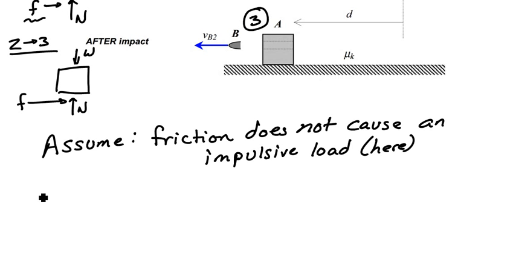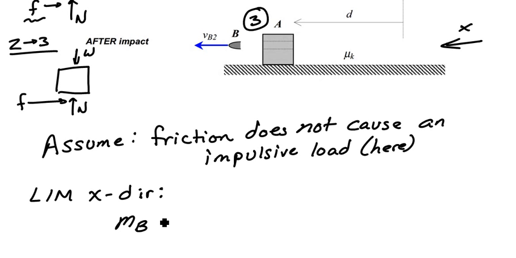If this is true, and I define a coordinate x to be positive to the left, then linear momentum is conserved in the x direction. The initial momentum of the system prior to impact is mb times vb1.